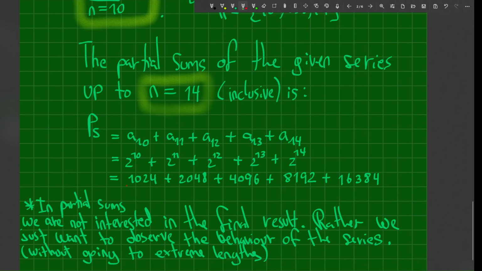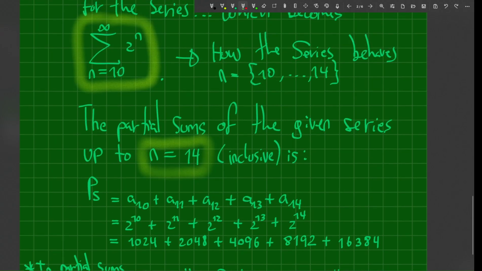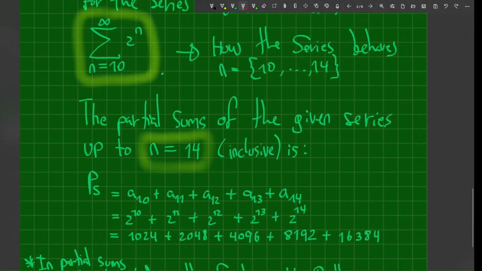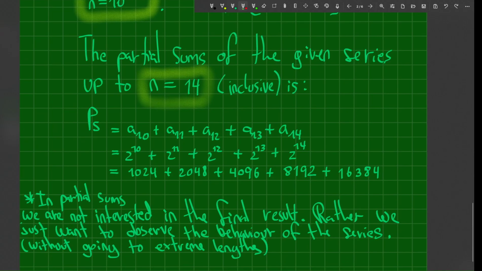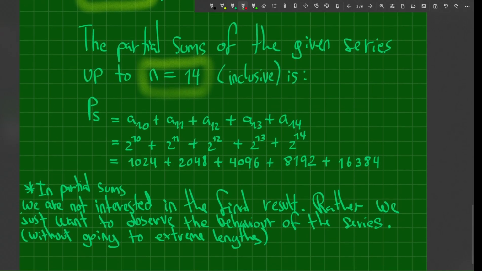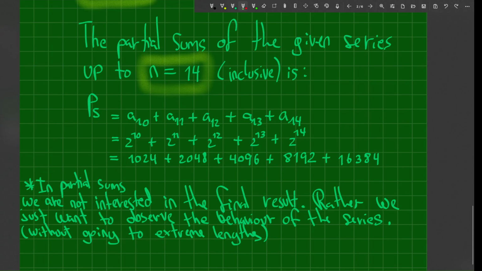So for example, as I was saying, we could reverse engineer the series itself using the partial sums, but here are some nuances, right?